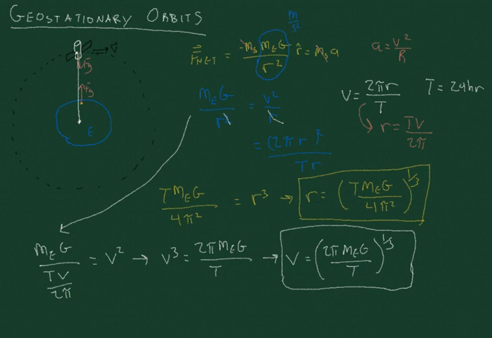And so just M_E times big G is going to have units of meters cubed per second squared. So we have meters cubed per second squared, divide by a second is meters cubed per seconds cubed. And then you take the cube root of that, and that gives you meters per second.